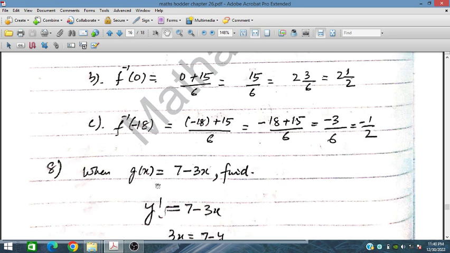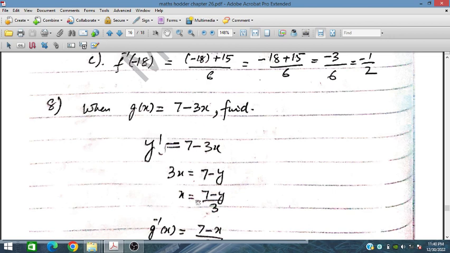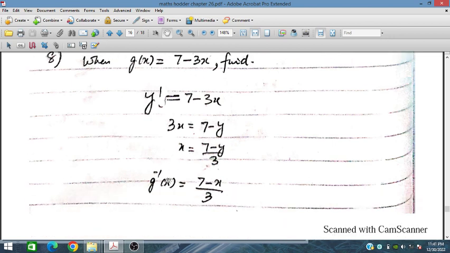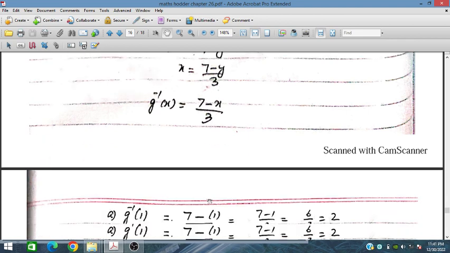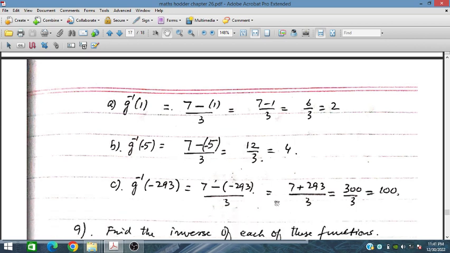When g(x) is equal to 7 minus 3x, let y be equal to this, and then shift it: 3x is equal to 7 minus y, so x is equal to (7 minus y) upon 3. So g inverse is (7 minus x) upon 3. Then we find g inverse of 1, g inverse of 0.5, and so on.